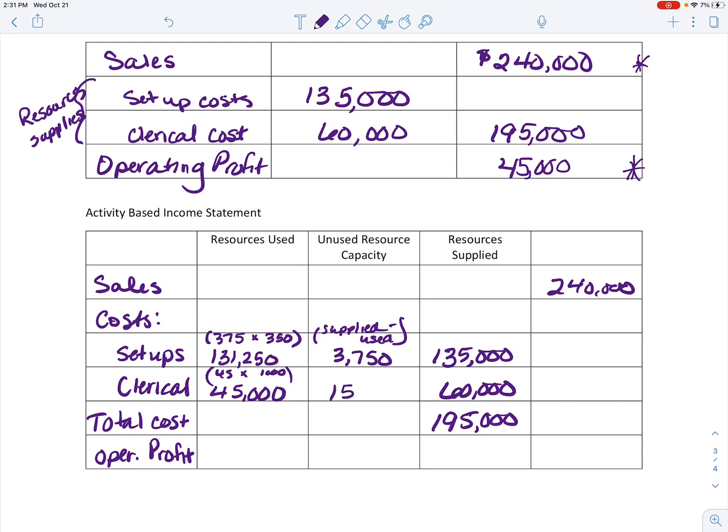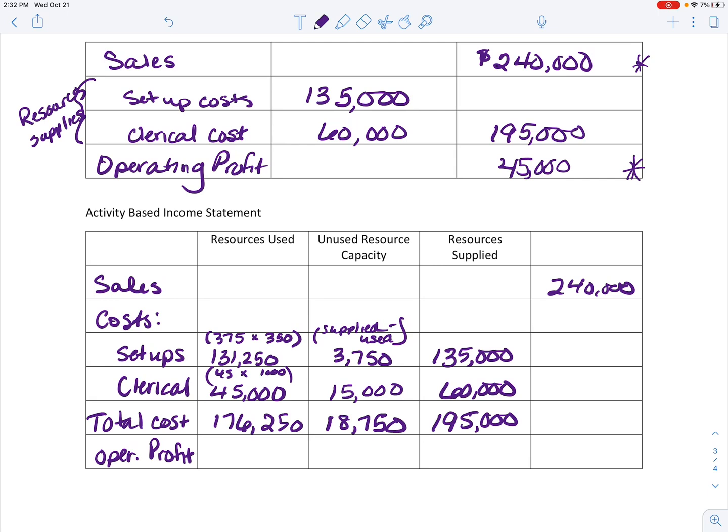Again, I'm going to subtract and get $15,000 there. Now I can come down, find those total costs. $176,250 versus $18,750. You'll notice everything adds up to those resources supplied.